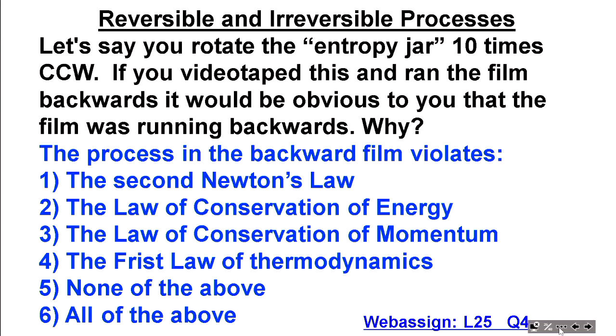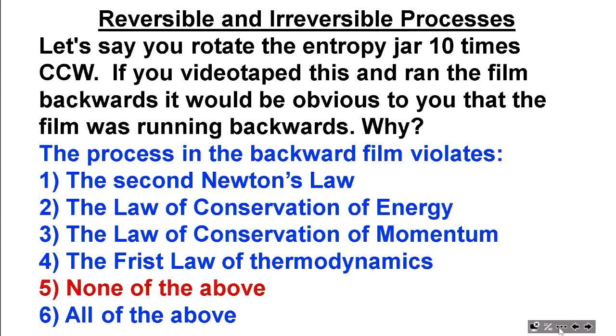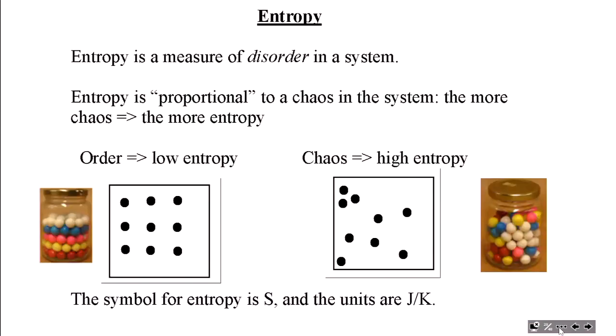We could record it, and on the recording, that chaotic system would become the ordered system again. But that's not what is happening in real life. And none of the existing laws can explain that, which means there has to be a different law.